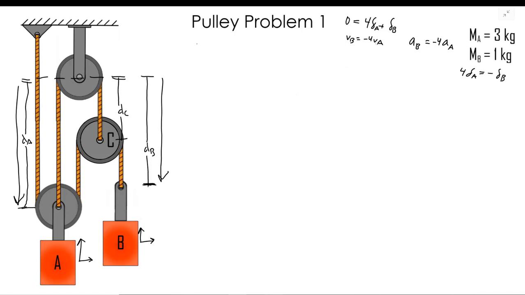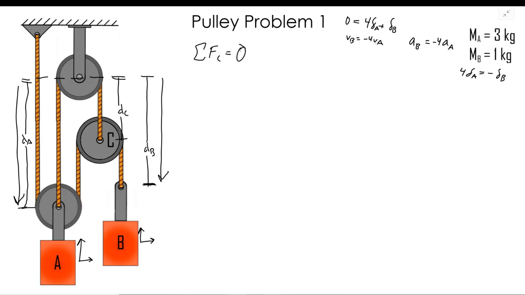And now let's start analyzing with free body diagrams like we should. I'm going to first start off with this pulley. That's going to be the easiest. If we do the sum of the forces at C, that's going to equal 0 in the end.